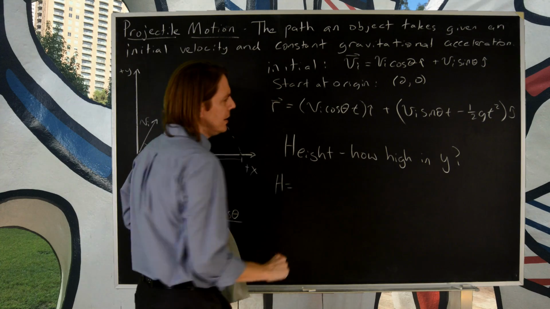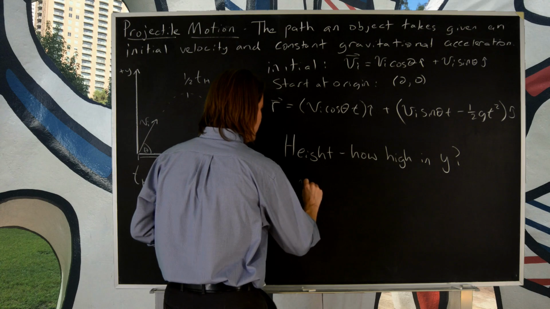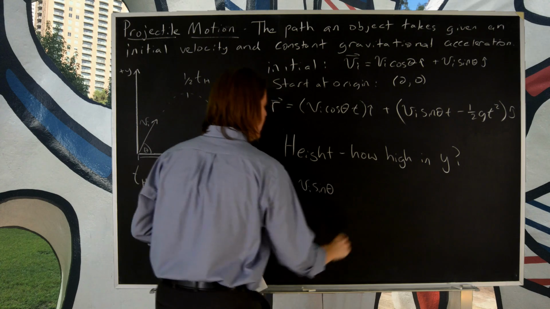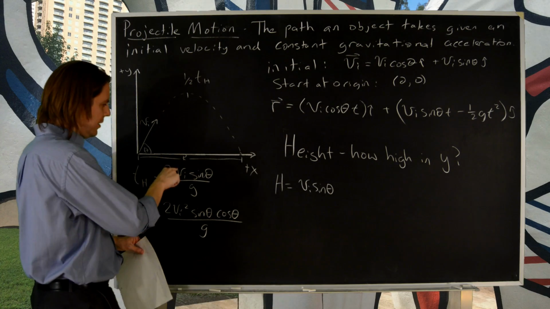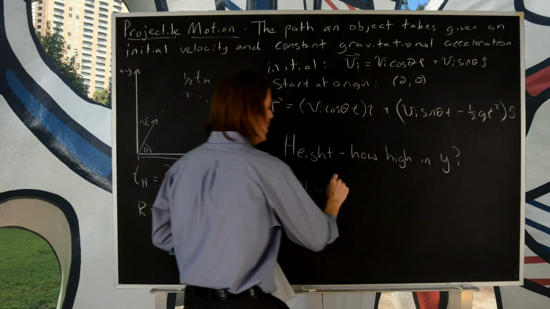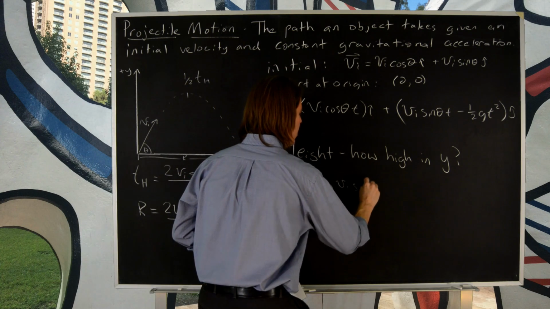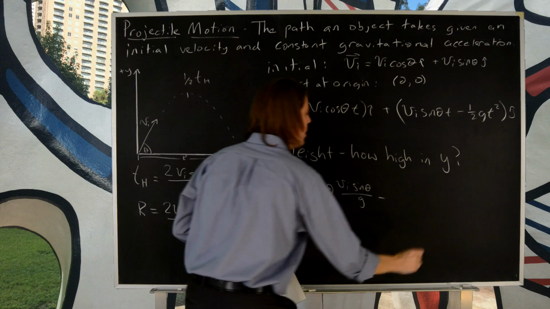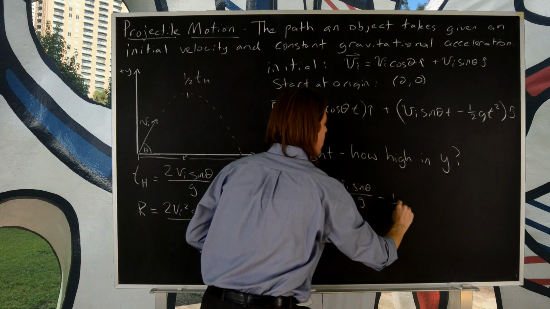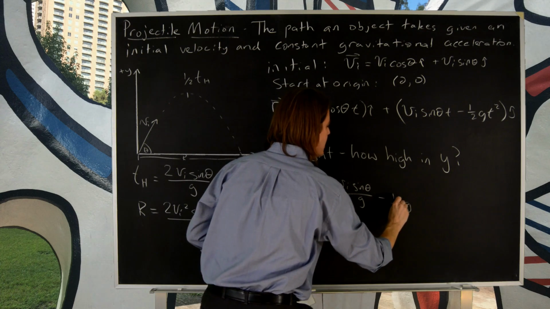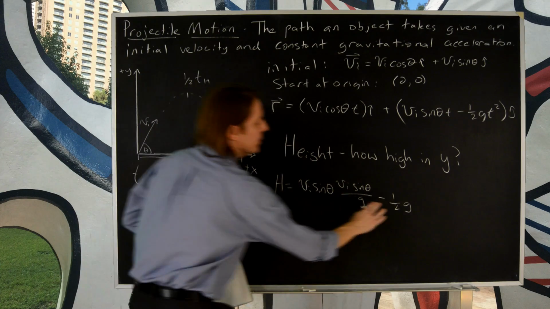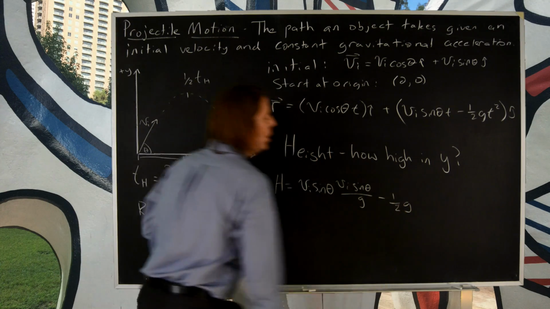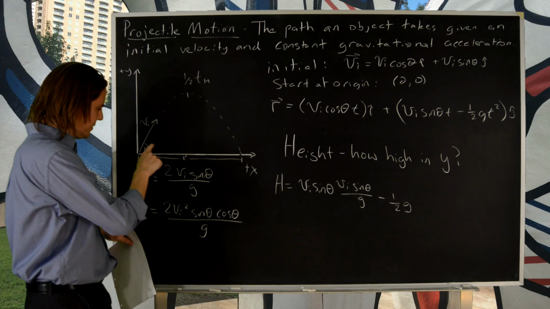H equals v_i sine theta, and I'm going to plug in v_i sine theta over g, minus 1/2 g, and now I want to put this squared.